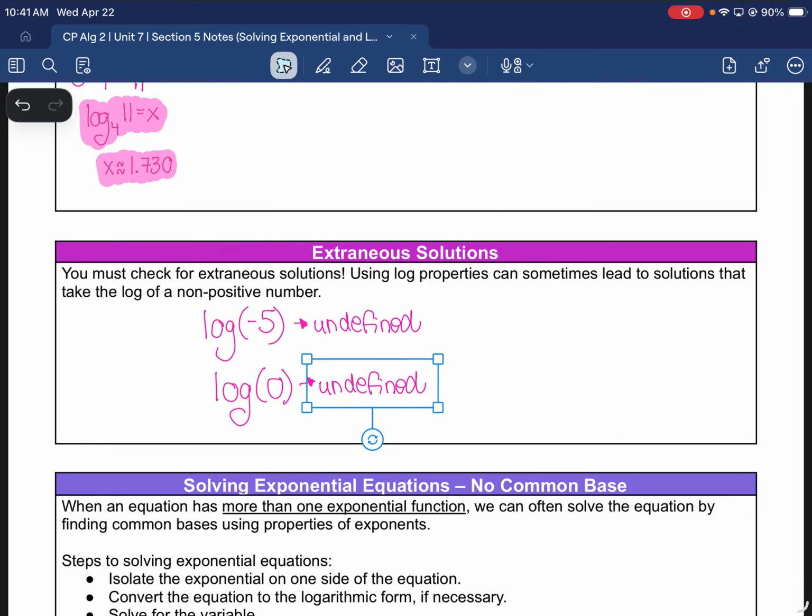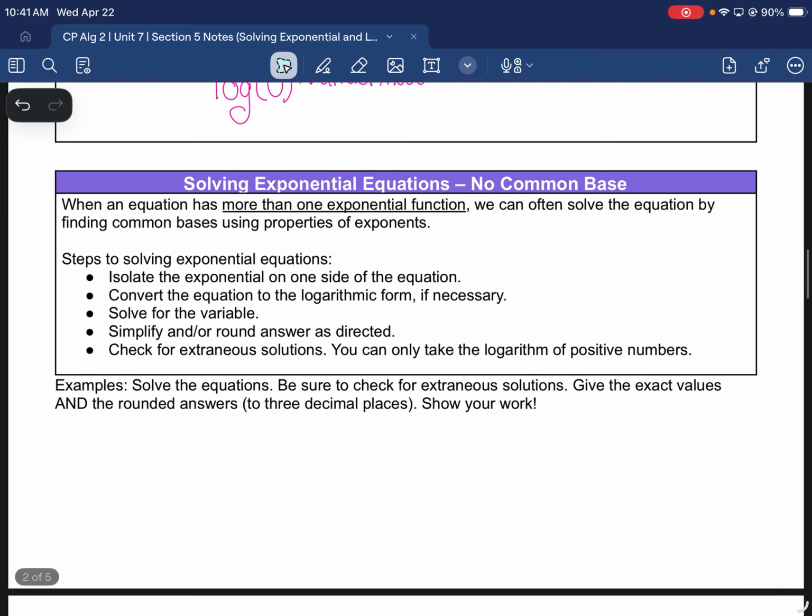Yeah, exactly. Okay. All right, so here are the steps for solving these kinds of exponentials. When an equation has more than one exponential function, we can often solve the equations by finding common bases and using properties of exponents. That's what we were doing before.